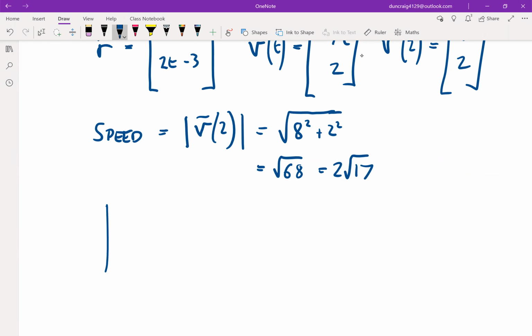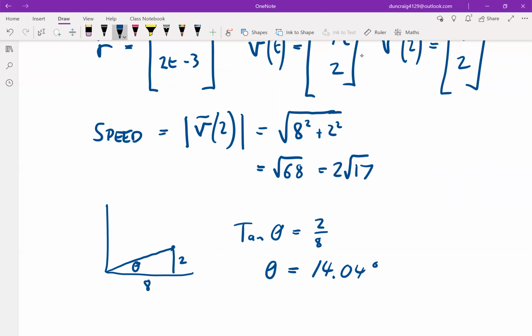Our velocity vector goes 8 across, 2 up, and we want to know what that angle is. So tan theta is going to be equal to 2 over 8, and the angle must be tan inverse of that. Plug it straight into the calculator and that'll give you 14.04 degrees.